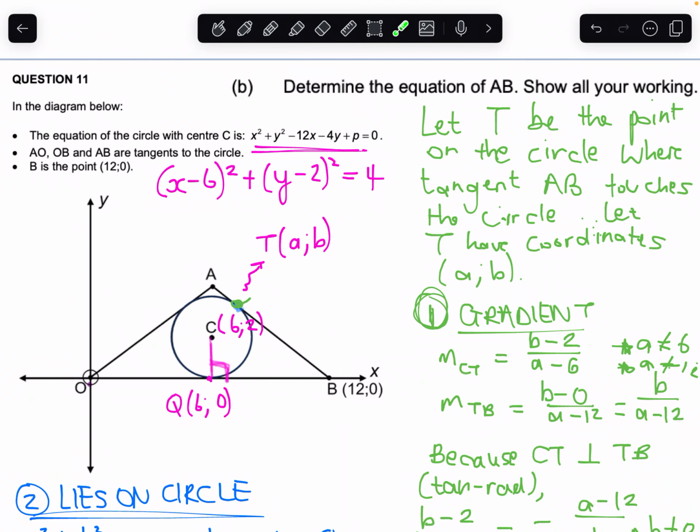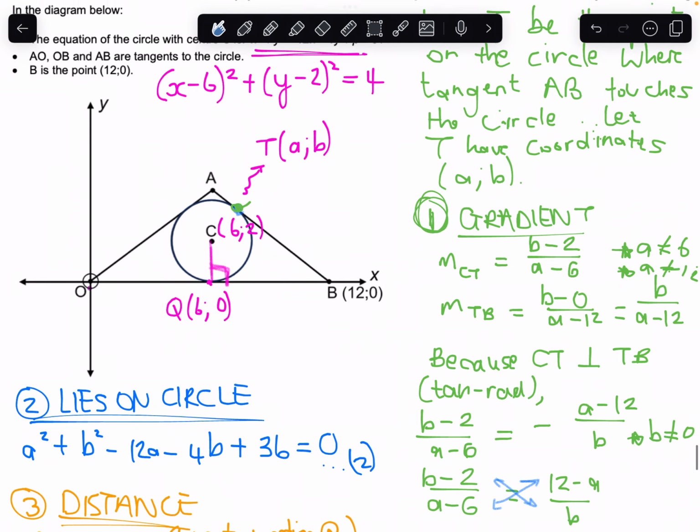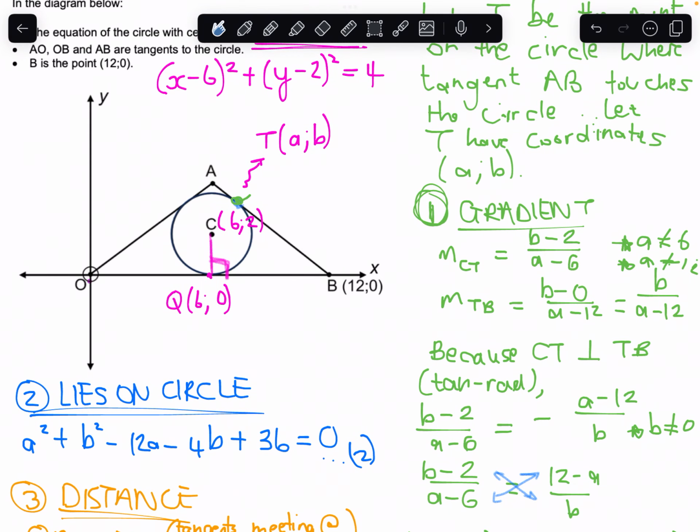Then I gathered information. What do I know about this point T? First of all, I know that this line CT is perpendicular to TB because of the tangent-radius property. So I can use the fact that they're perpendicular to set up an equation in terms of a and b. I found an expression for the gradient of CT, which is b minus 2 divided by a minus 6.